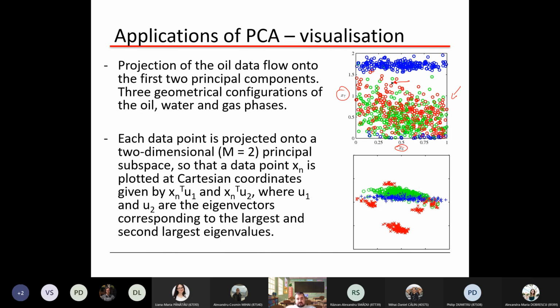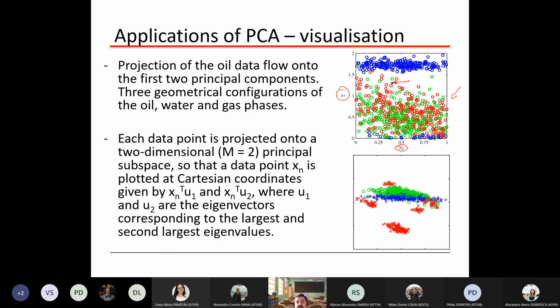Now, what we are interested in is to represent the same data set in such a way that it can be visualized, either in 2 dimensions or 3 dimensions. So we would like to project this data onto a 2-dimensional principal subspace or a 3-dimensional principal subspace.